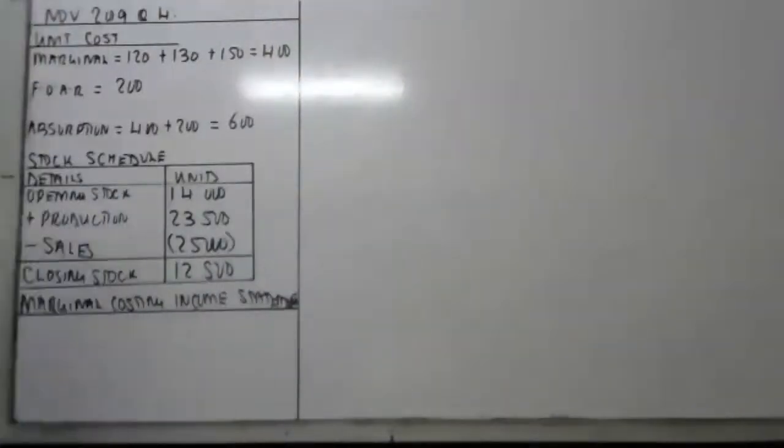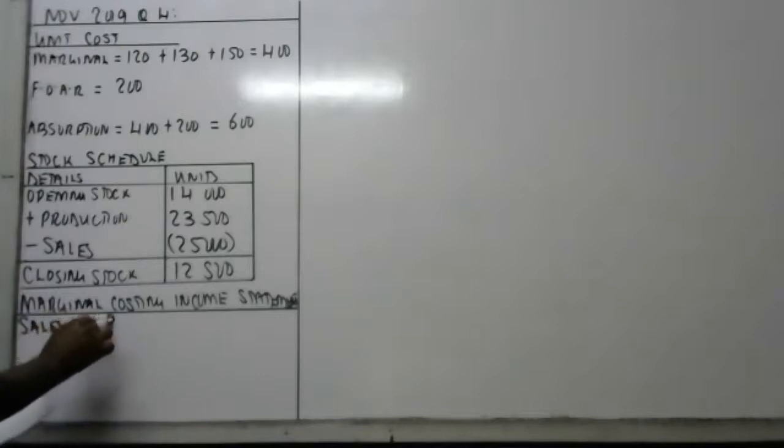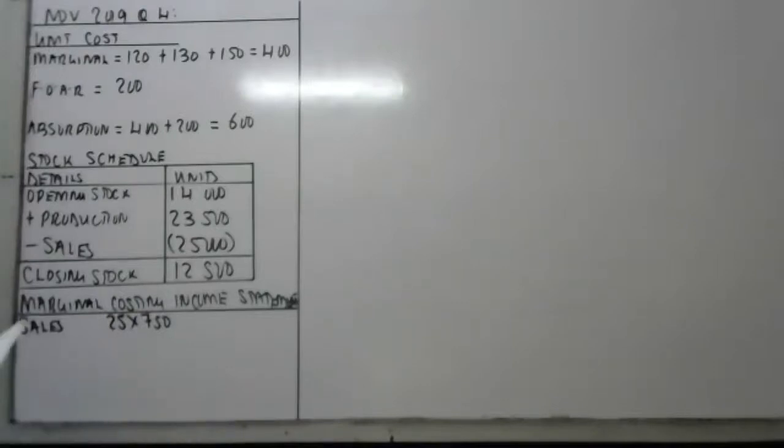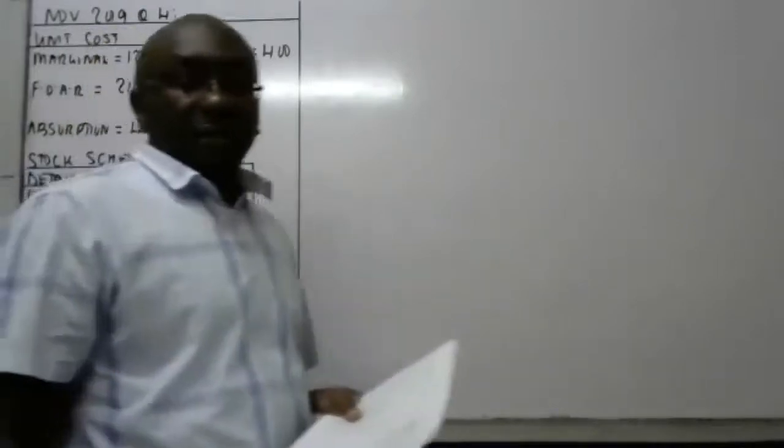So now we proceed. We start with the sales here. So sales, you can see the selling price is 750. So our sales are 25 times 750, if our statement is in thousands.